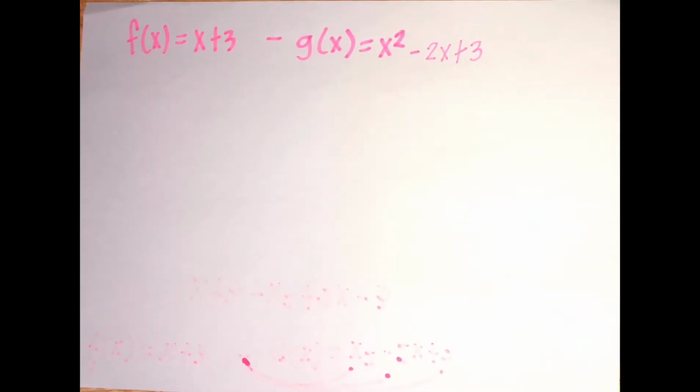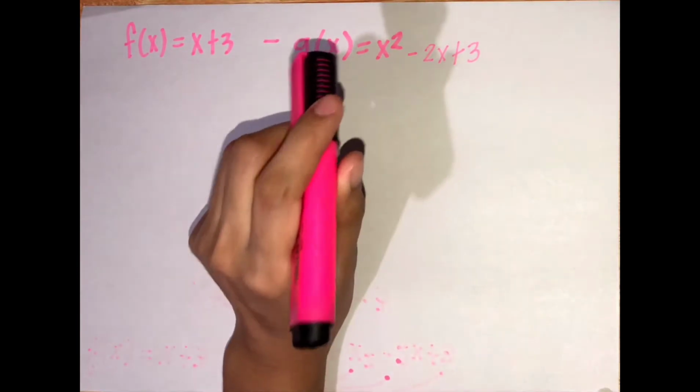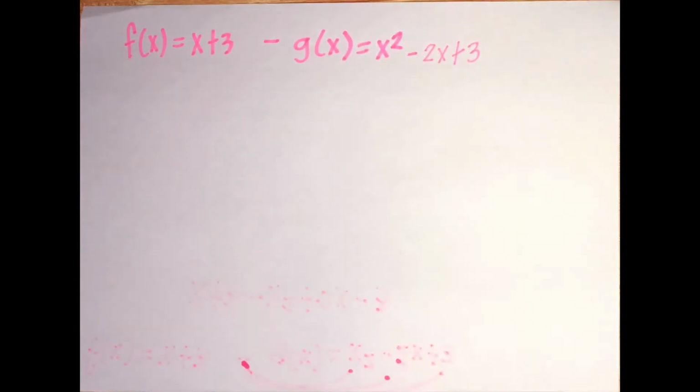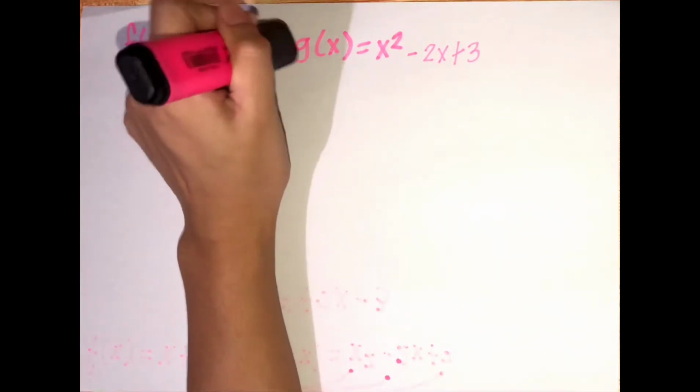Letter B, quantity of f minus g of x is equal to f of x minus g of x. Our f of x is x plus 3 and our g of x is x squared minus 2x plus 3. Now, in subtraction, we need to multiply our negative sign to our g of x.